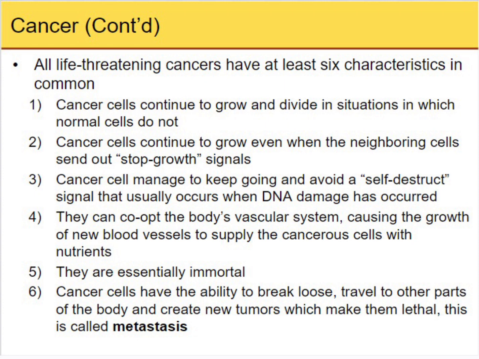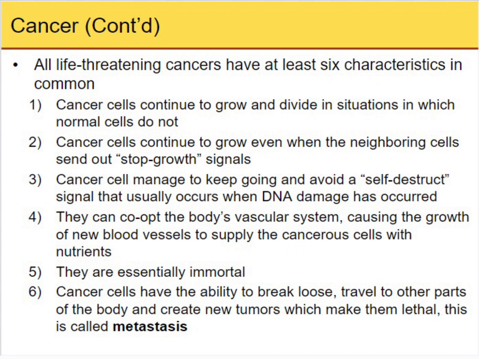1. Cancer cells continue to grow and divide in situations in which normal cells do not. Second, cancer cells continue to grow even when the neighboring cells send out stop growth signals. Number 3. Cancer cells manage to keep going and avoid a self-destruct signal that usually occurs when DNA damage has occurred.